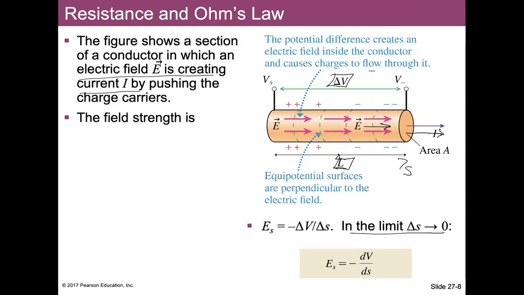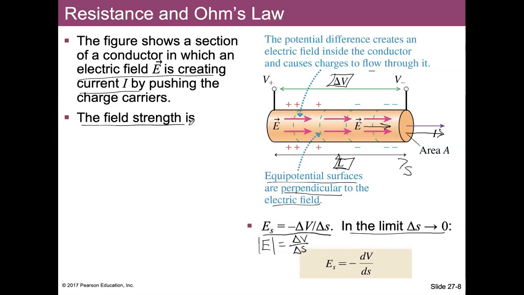And these lines right here, of course, are our equipotential surfaces that are perpendicular to our electric field. If we use this expression for the electric field, and we just want the magnitude of it, I'm not going to worry about the negative sign.